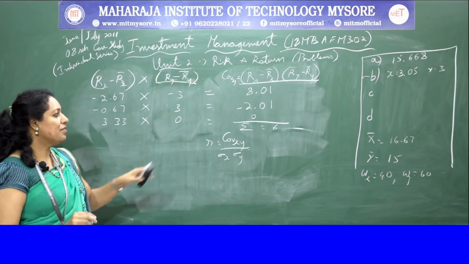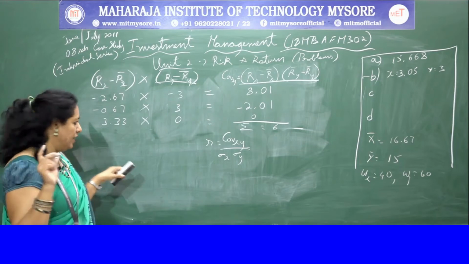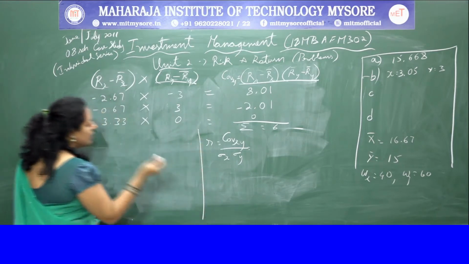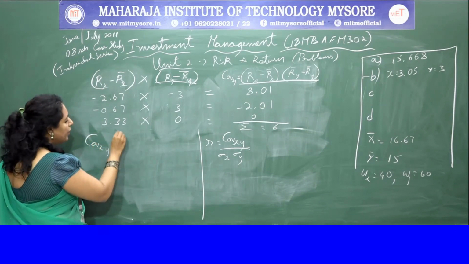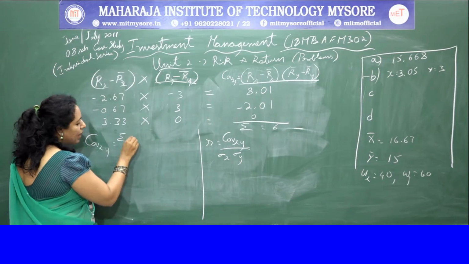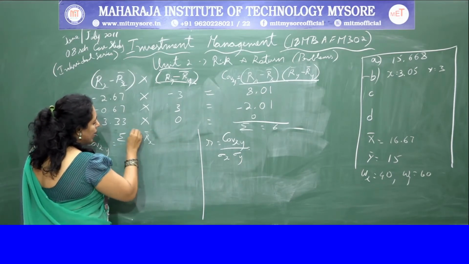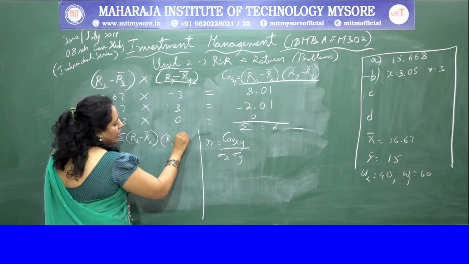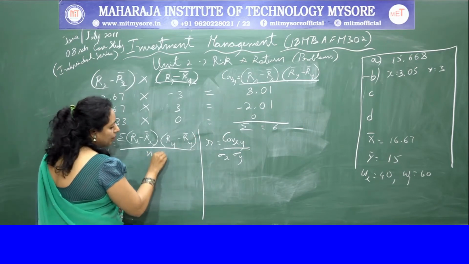As of now, we have not yet got the covariance. This is an individual series. So if you have to get the covariance of xy, you have to do sigma Rx minus Rx bar, Ry minus Ry bar, divided by n minus 1.